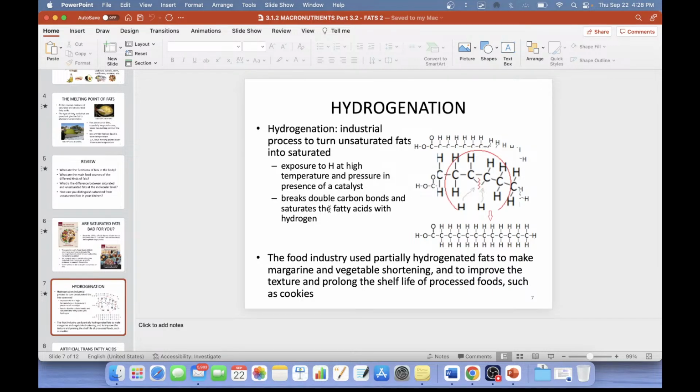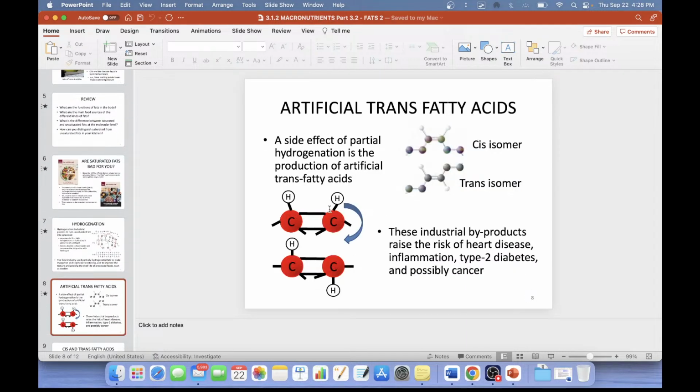In fact, it has been found that was certainly the case. And now the use of partially hydrogenated fats is banned in Canada. So why are partially hydrogenated fats unhealthy?